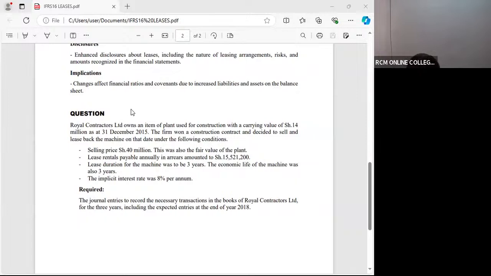But what did they do? Perhaps they found themselves in a problem of financial difficulties. So they sold this item of plant and then decided to lease it back. It is what we call sale and lease back transactions.